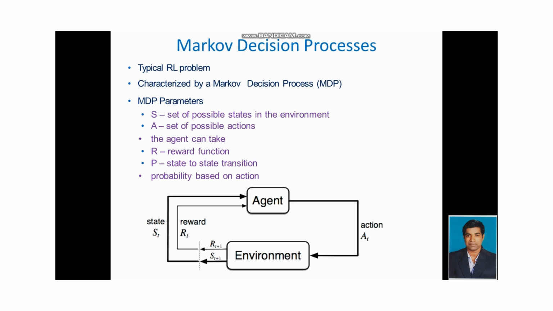If the reward is progressive, the agent keeps producing the current action to the environment, or else the agent will correct itself and give the action which gives the maximized reward.